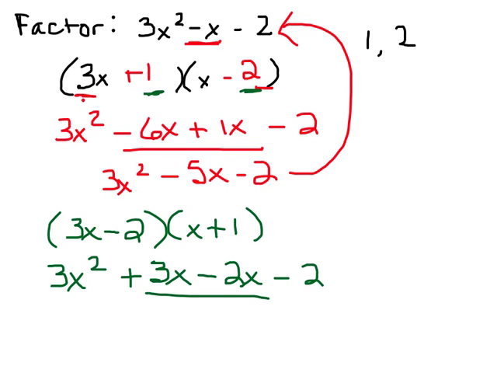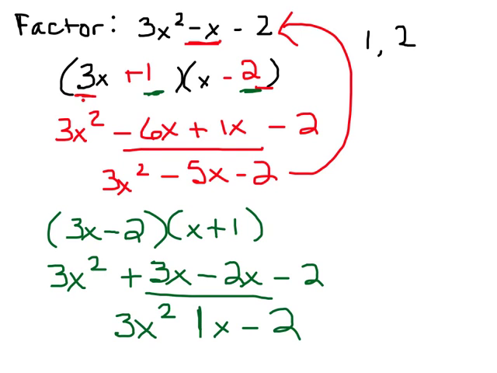When I combine these two terms, I see that I have hit the jackpot. 3 minus 2 is 1x minus 2.